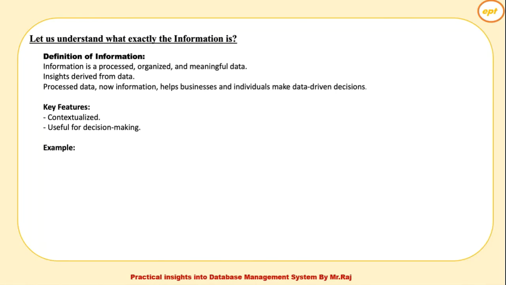Now can you tell me from your side some example of information with respect to real time, that we use daily? Yes, you can take a Google Maps example. You are saying information is meaningful and it supports better decision making.